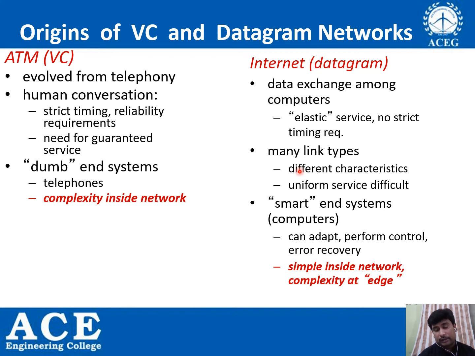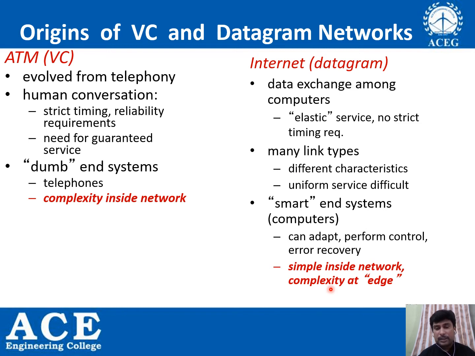And all the guarantees and the resources required will not be needed in the case of internet or datagram. But the problem is we don't have a reliability guarantee. At the same time, the order of delivery might be different, and there is a possibility of the data getting corrupted. But still, it's a simple process and doesn't require much complexity.